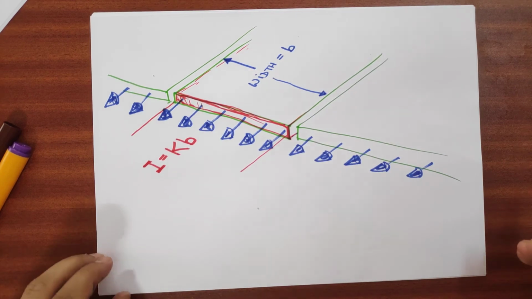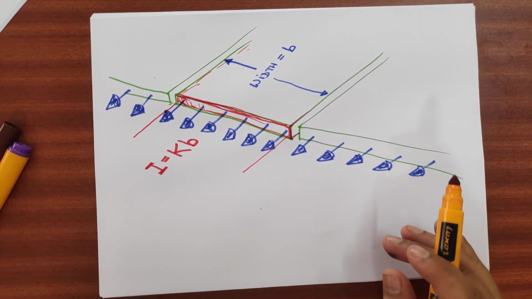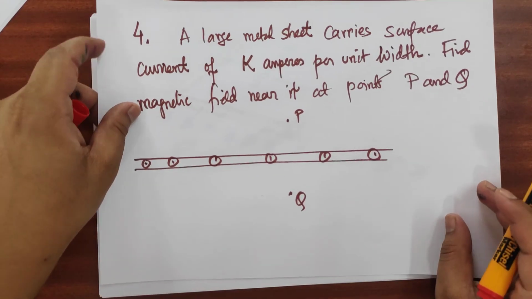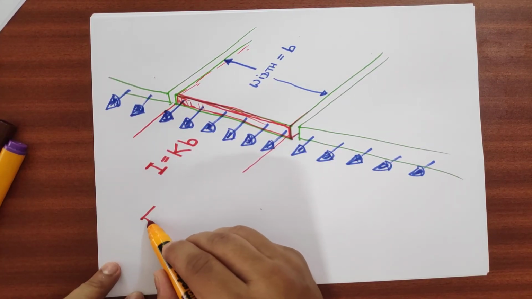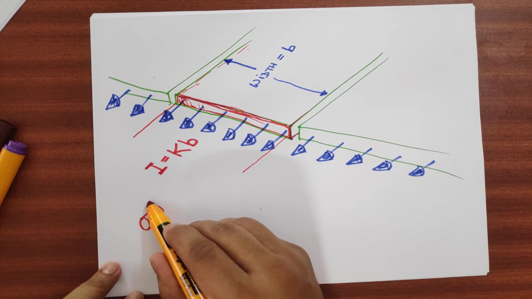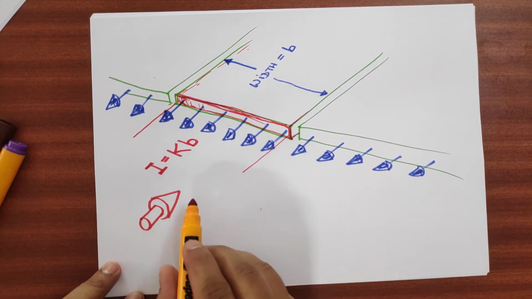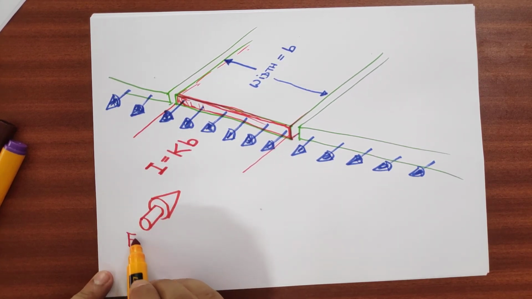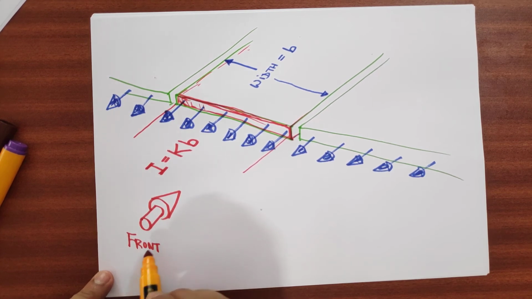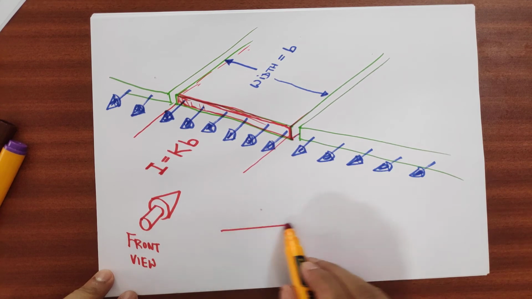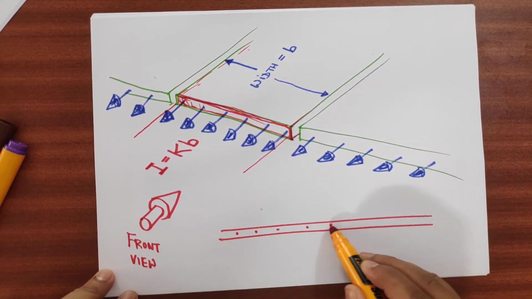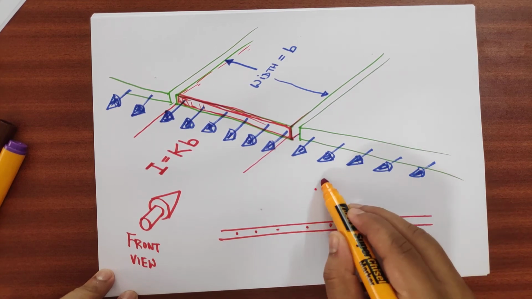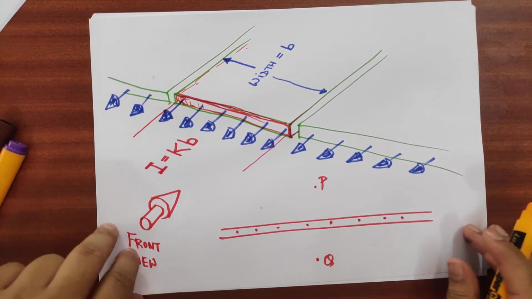I think it's now clear, right? In the diagram we are looking from the front, that's a front view. Current will appear like a dot. This is point P and this is point Q.